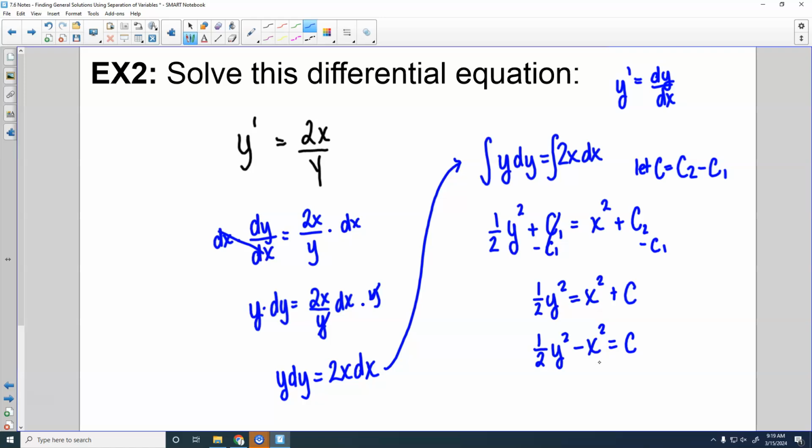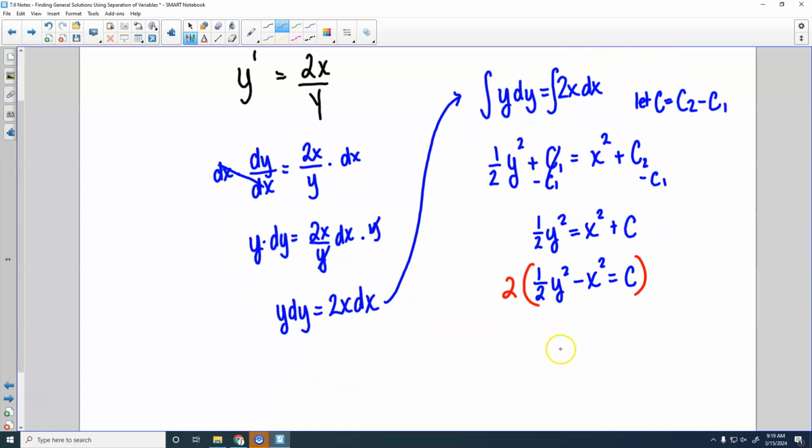They could do something like this. They could multiply the whole thing by 2 if they didn't want fractions, right? That would be y squared minus 2x squared. What would it equal? C. Why not 2c? It's still unknown, right? 2 times the unknown number is still just another unknown number.